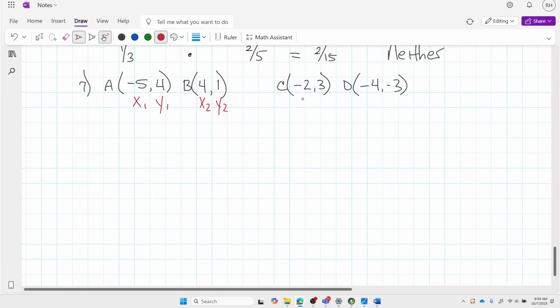And then we can label these x sub 1, y sub 1, and x sub 2, y sub 2. All right. Find the slope of each line, compare the slopes, and determine if the lines are parallel, perpendicular, or neither.